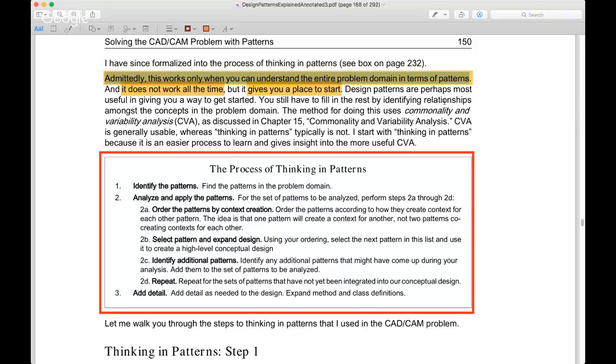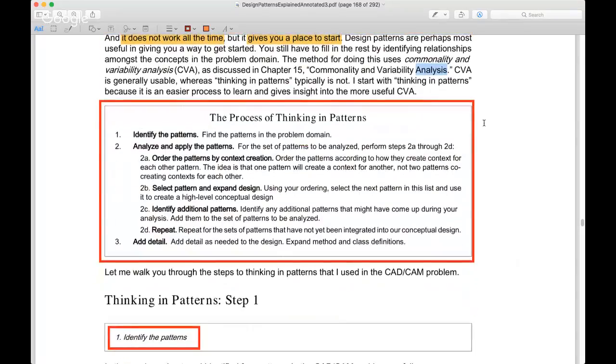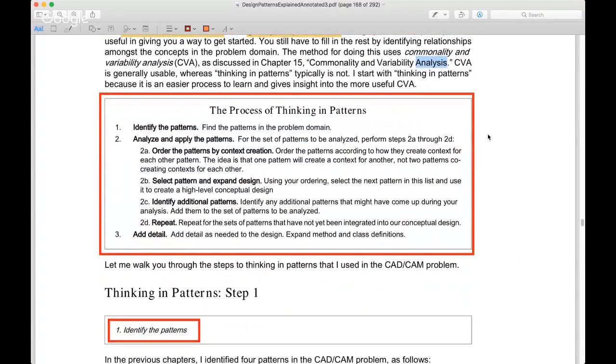You have to fill in the rest by identifying relationships amongst the concepts in the problem domain. And the method for doing that is using commonality and variability analysis, CVA, and I'm really interested in getting into that. So this is kind of a step that I'm hoping is going to make that easier.